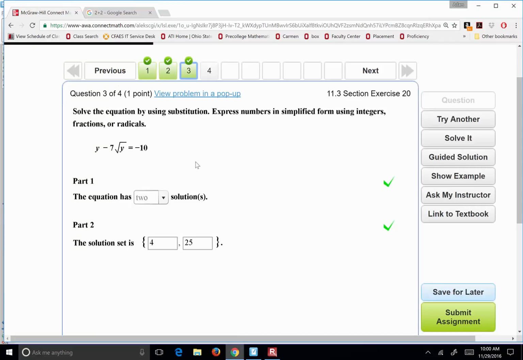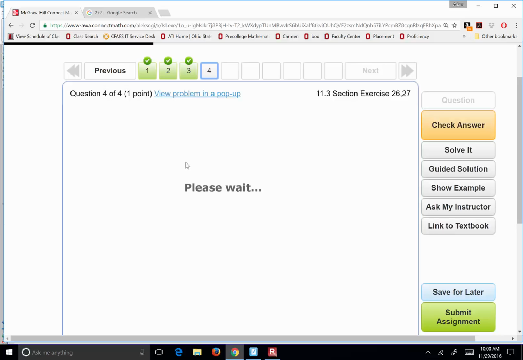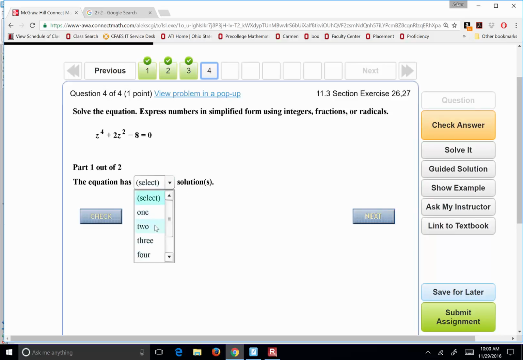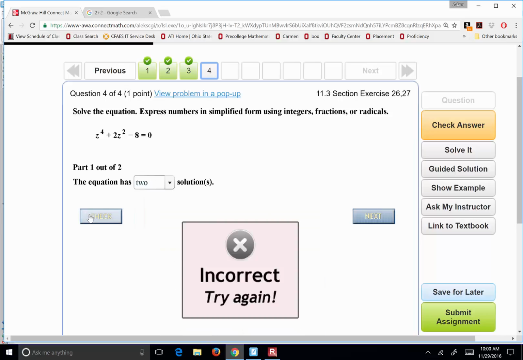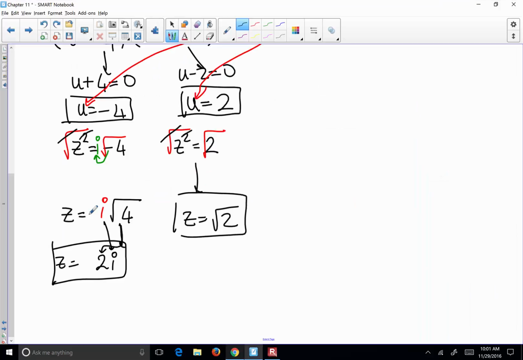I tried this on here, and it says incorrect. Why? Where did I mess up? Right.